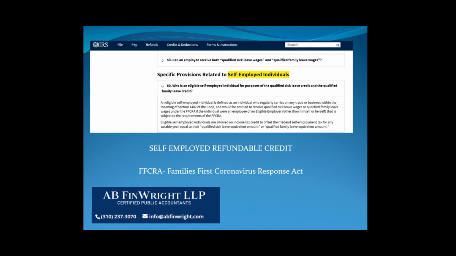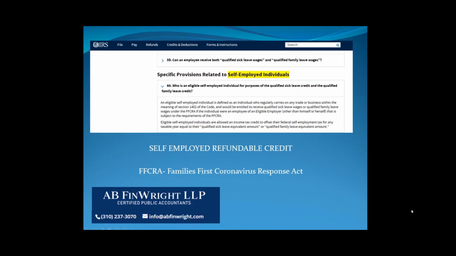Now, the real key is right now you're in the middle of 2020. You need the money now. You don't have a good way of getting this money until you file your income tax return for 2020, which you're going to do in 2021. So people that have been self-employed for a long time and are profitable have to make an estimated tax payment every quarter.